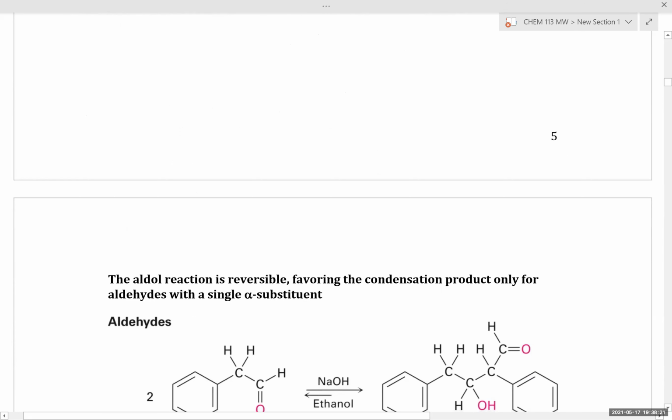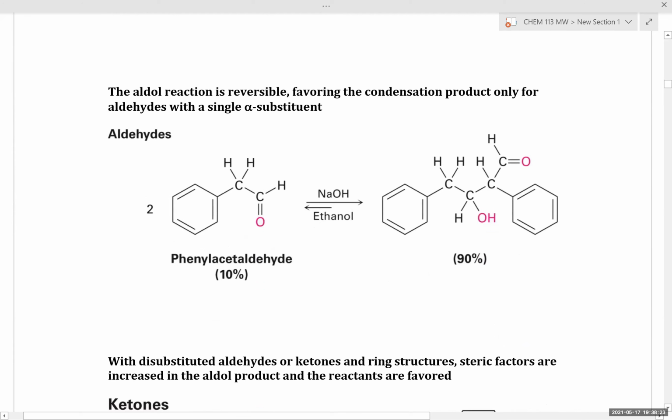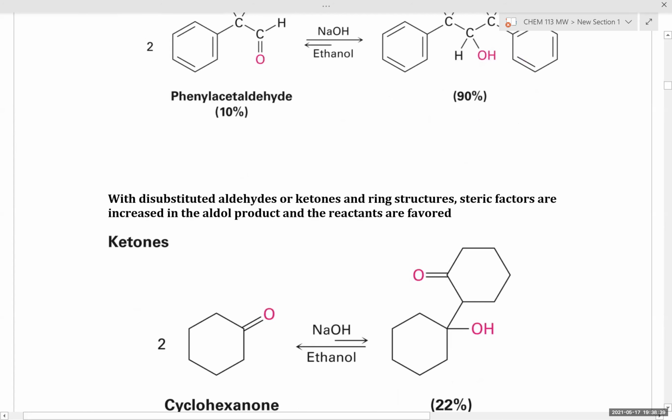Okay, so let's keep going now, and let's talk about a key feature of the aldol reaction. The aldol reaction is reversible, favoring the condensation product only for aldehydes with a single alpha substituent. With di-substituted aldehydes or ketones, steric factors and the steric strain in our aldol product is quite significant.